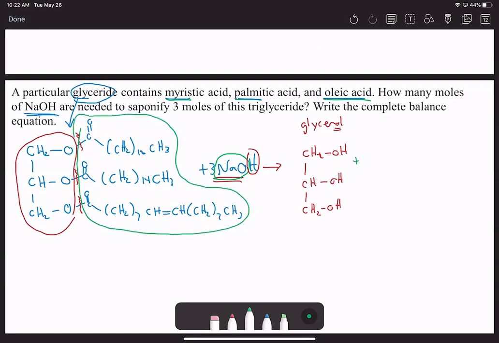So we're going to add, I'm just going to draw this up here. So let me draw this up here. CH2, there's 12 of them. I have CH3. I'm going to have CH2.